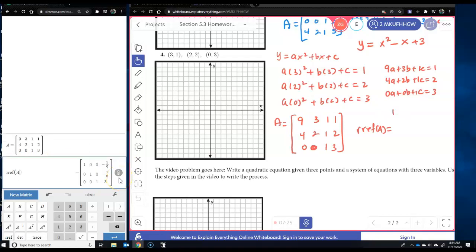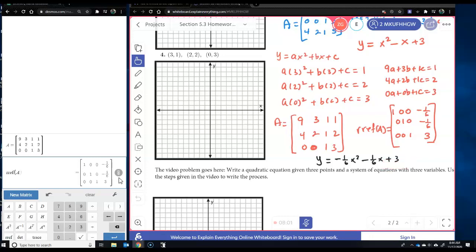So we have 1, 0, 0, negative 1 over 6, 0, 1, 0, negative 1 over 6, 0, 0, 1, gives you 3. So our matrix gave us the answers negative 1 over 6, negative 1 over 6, and 3. So we're going to say y equals negative 1 over 6 x squared minus 1 over 6 x plus 3.